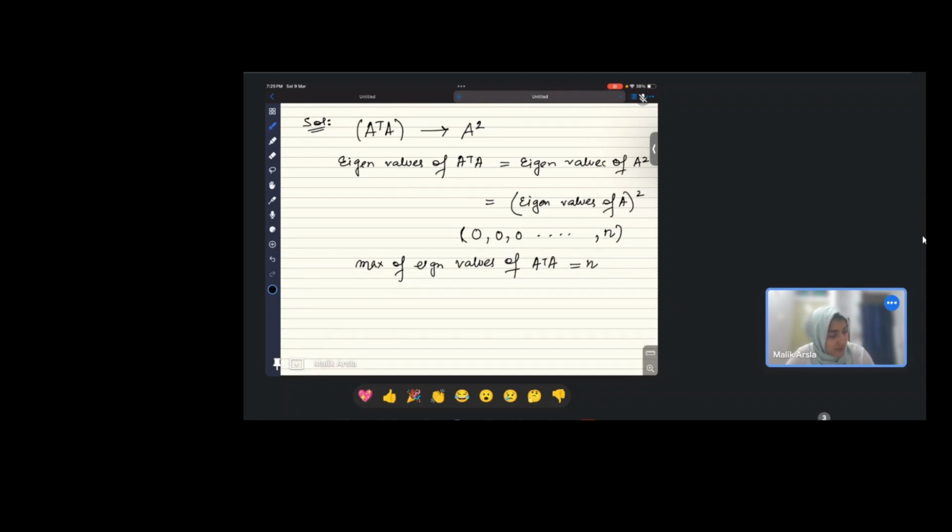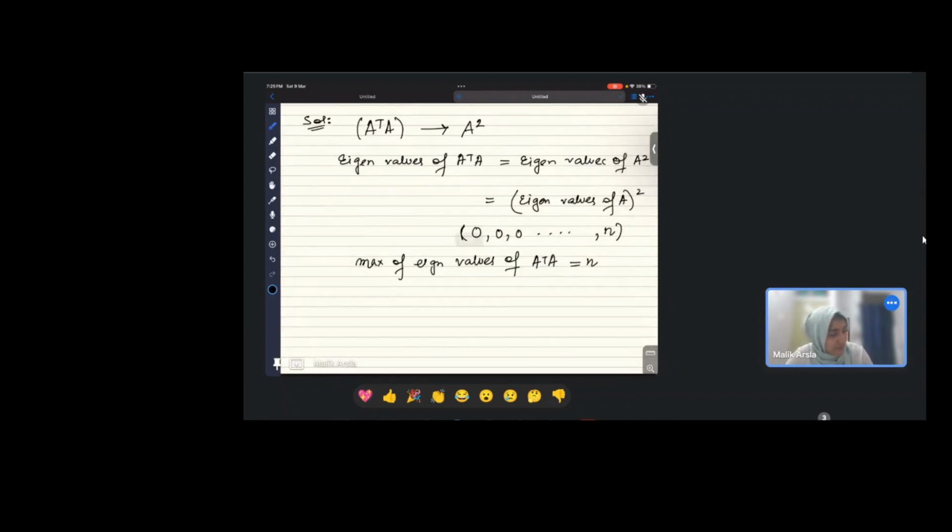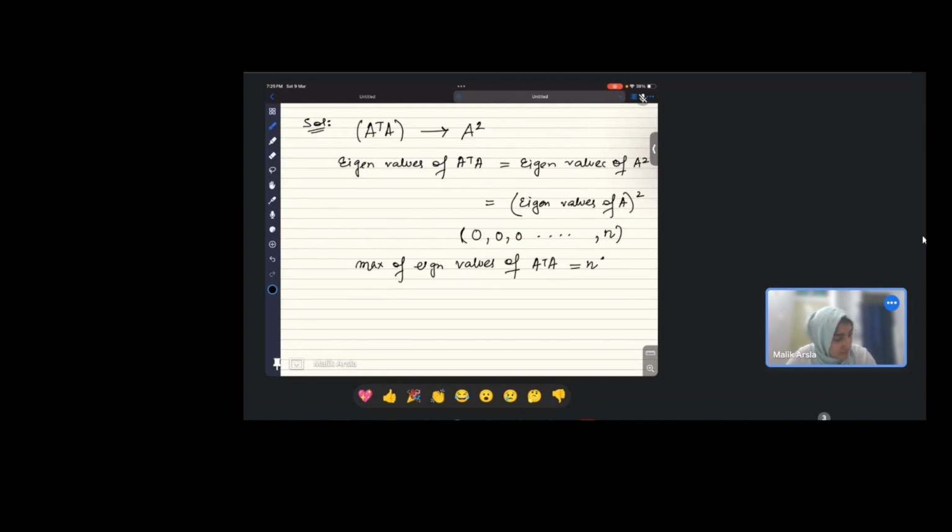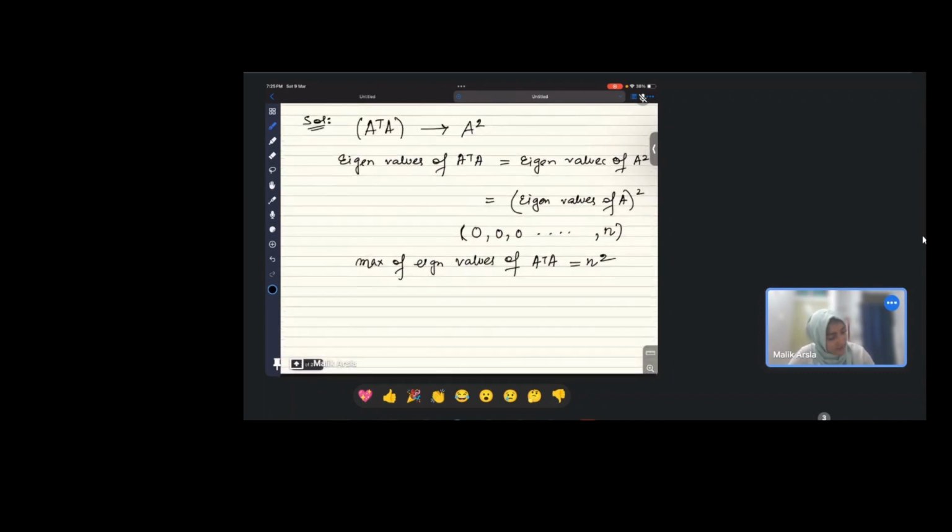And the norm of A is the maximum under root of this thing, n squared. So it will be n square under root, and therefore the norm of this will be equal to n, right? Yes, ma'am.